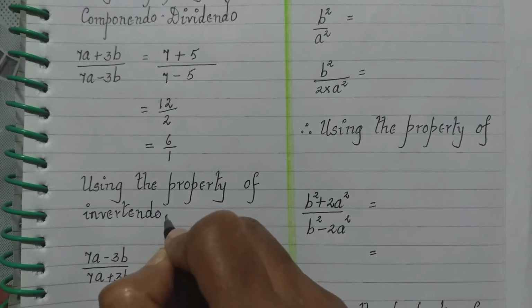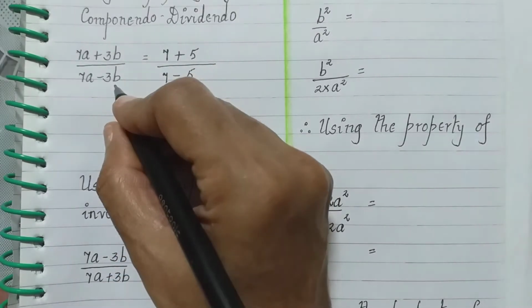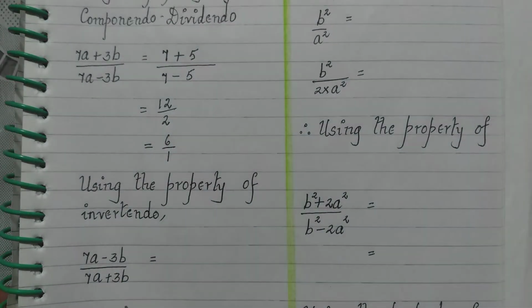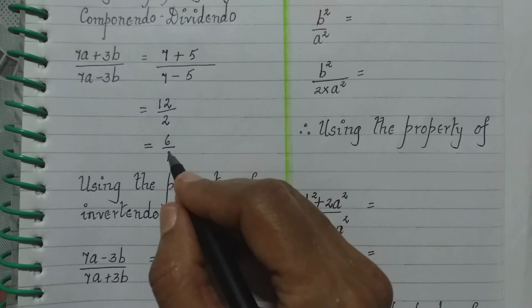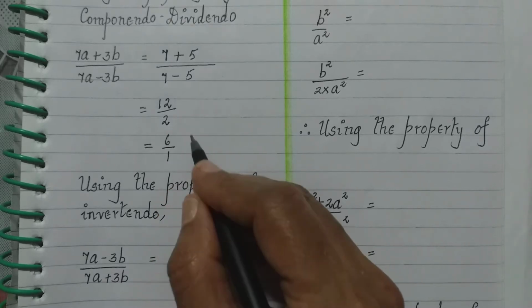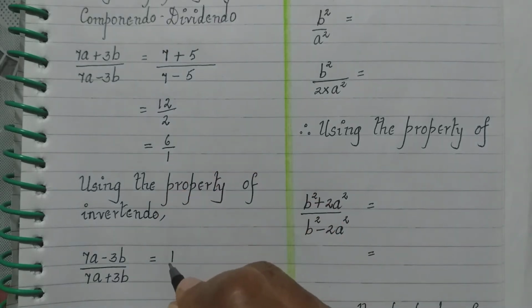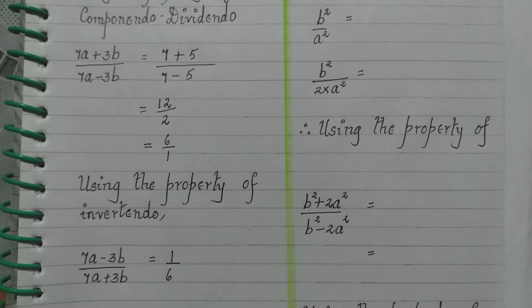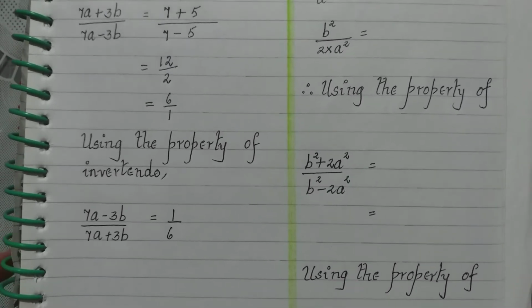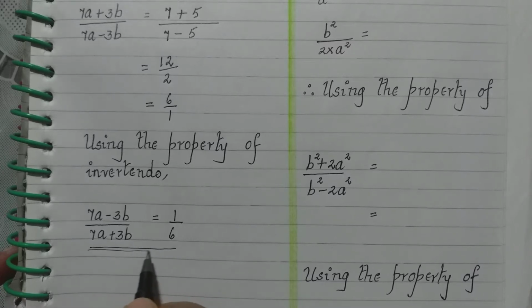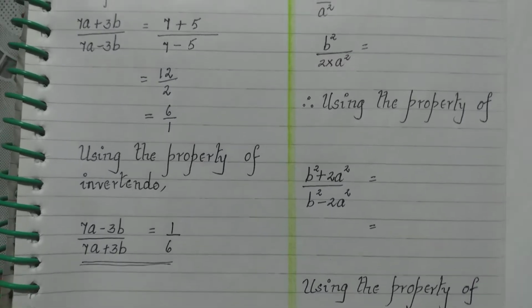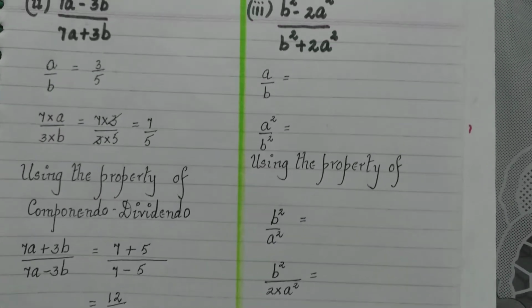By inverting, 7a minus 3b upon 7a plus 3b is equal to, when I write this as a reciprocal, 1 upon 6. Therefore, 7a minus 3b upon 7a plus 3b is equal to 1 upon 6.